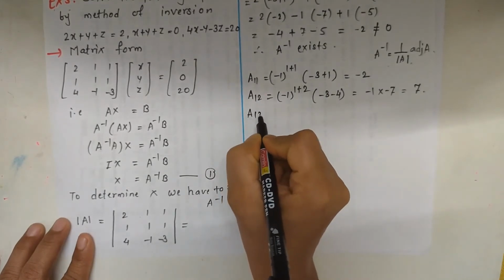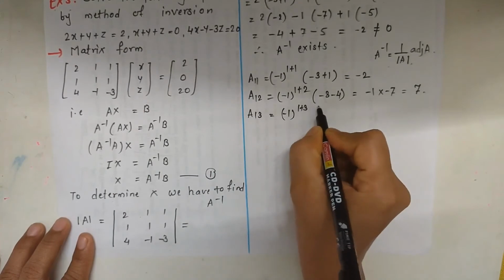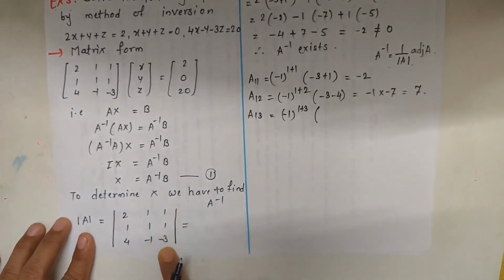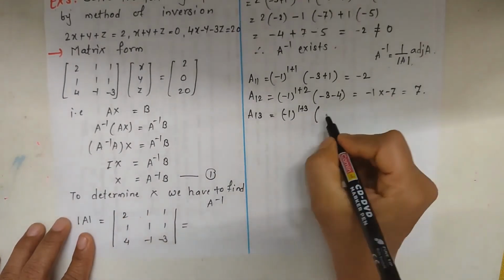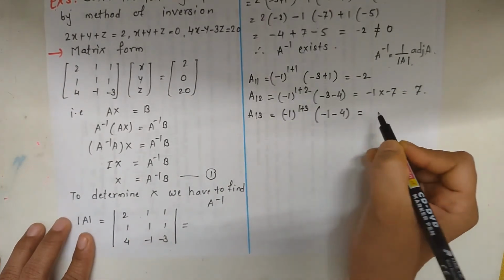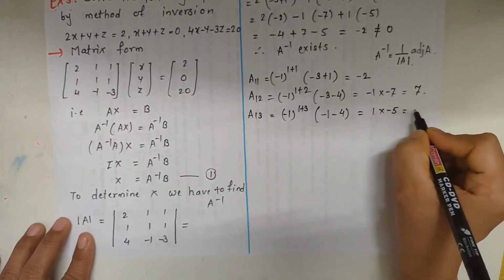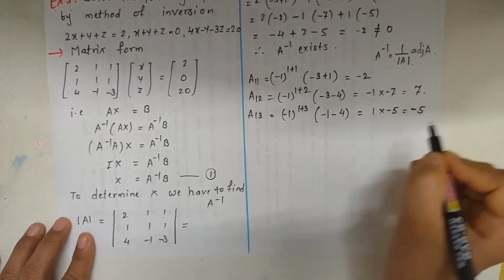Now the third element A13 is equal to minus 1 raised to 1 plus 3 into, eliminating the first row and third column, the cross multiplication of minus 1 minus 4 is equal to 1 into minus 5, which is minus 5.